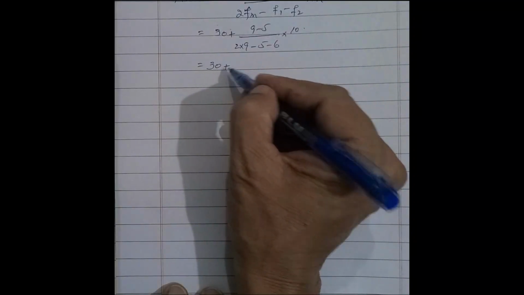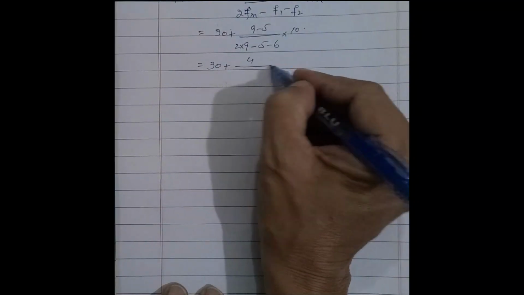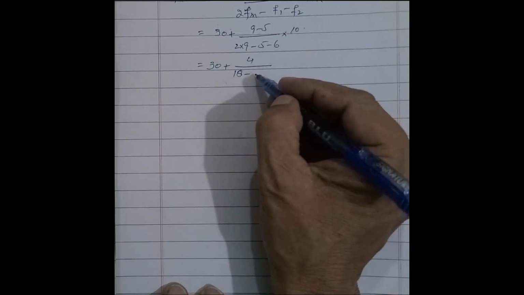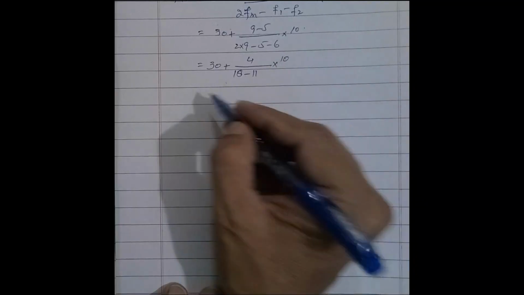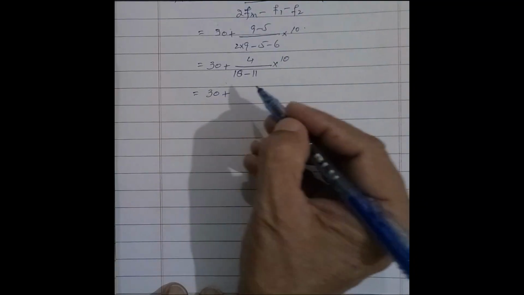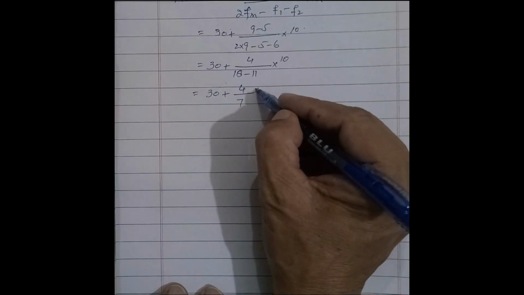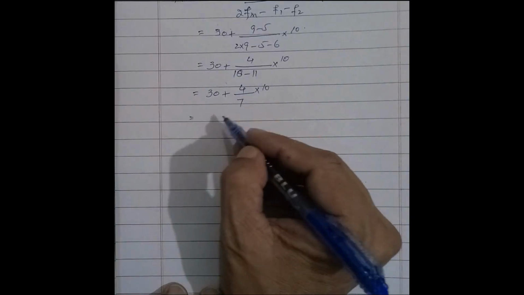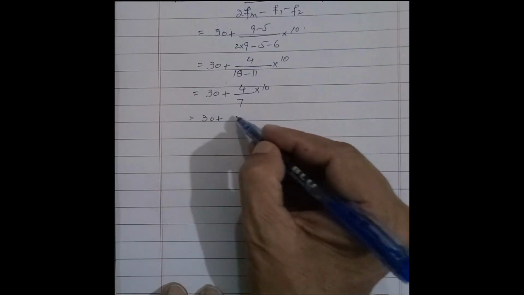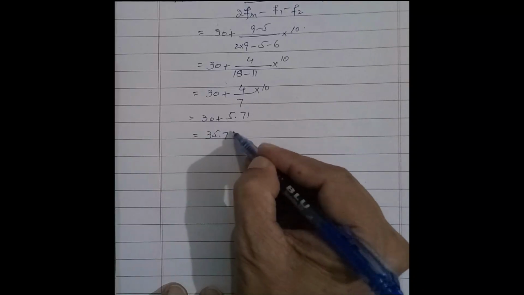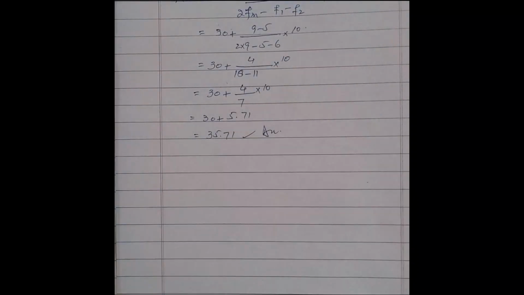Simplify these values. 30 plus 9 minus 5 is 4 over 2 multiplied by 9 is 18 minus 5 minus 6 is 11, multiplied by 10. The value is 30 plus 4 over 7 multiplied by 10. And calculate it, 30 plus 5.7. The answer is 35.71, which is the mode.